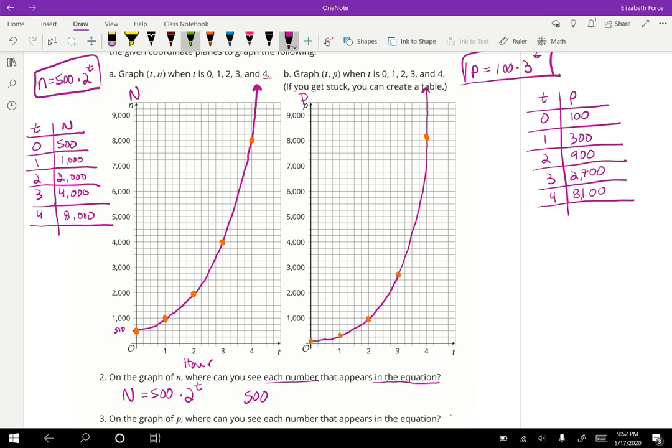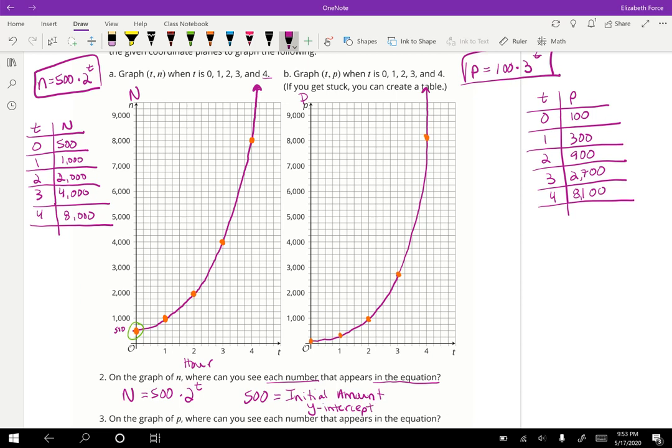Well, I hope most of you can see that the 500 is right there at that initial amount. And another word for initial amount is your y-intercept. No different from graphing lines. The initial amount was at the y-intercept.